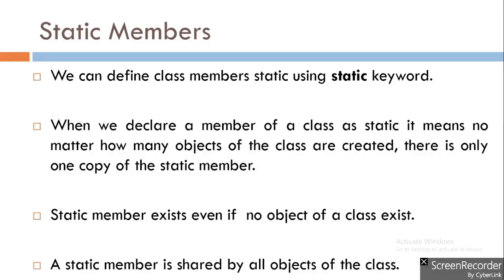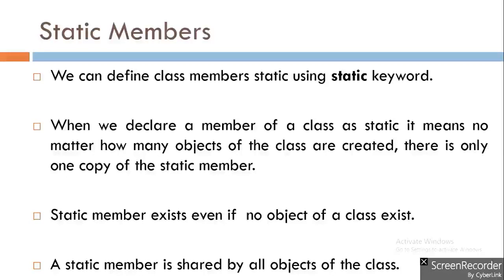Yes students, we can define class members static using the static keyword. Whenever we declare any member of a class as static, it means no matter how many objects of a class are created, there is only one copy of a static member available in memory.